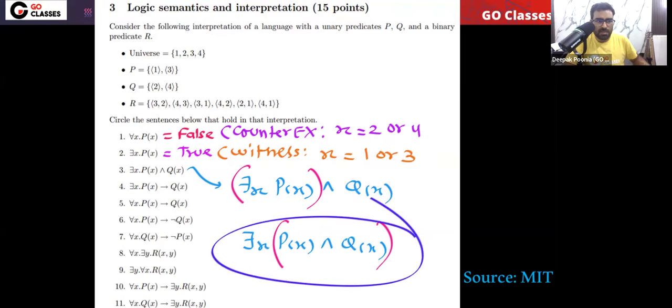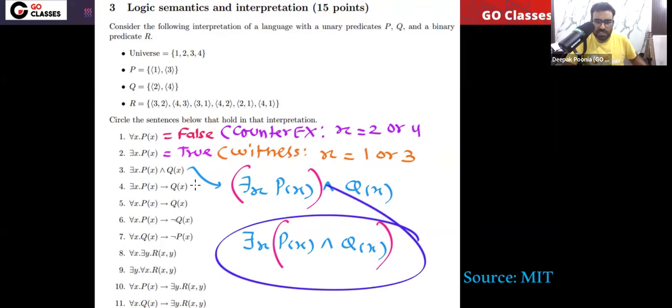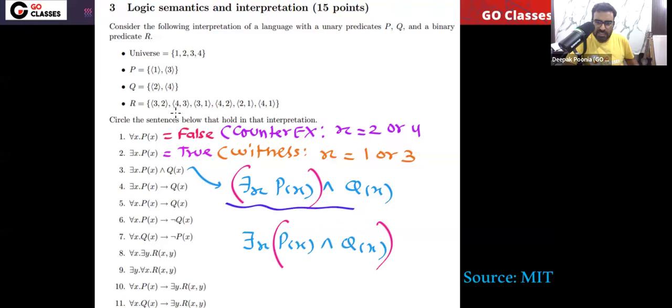I should interpret it in this way, because please understand, if you interpret it the other way, then this x will become a free variable. Yes or no? This x will become a free variable.